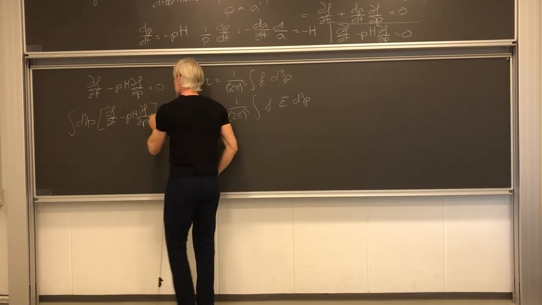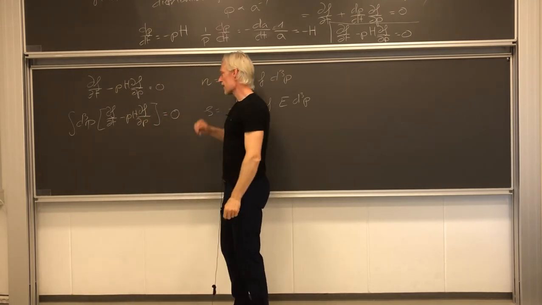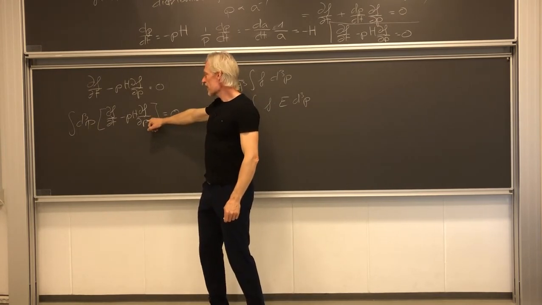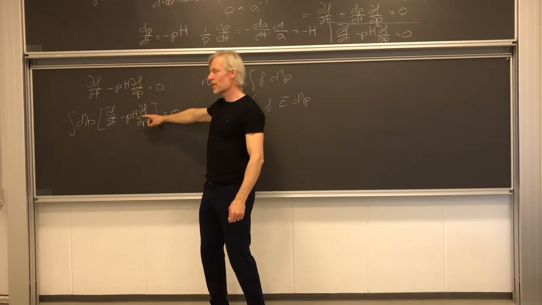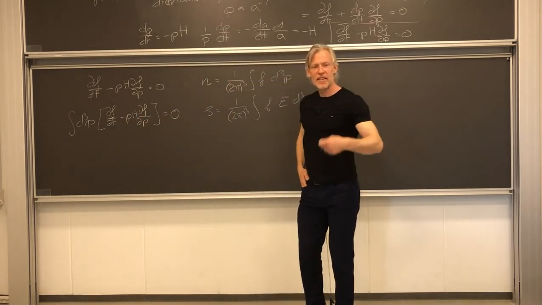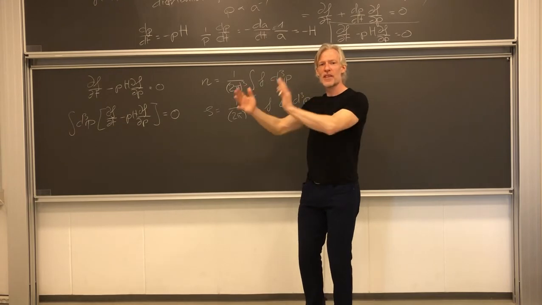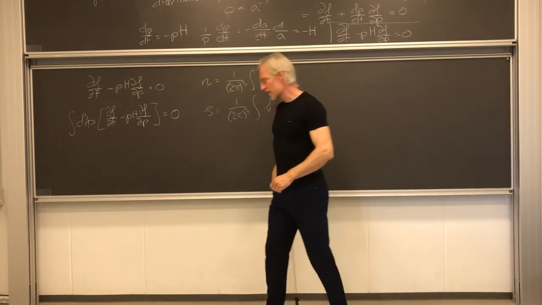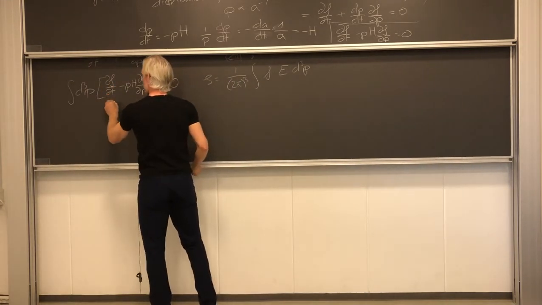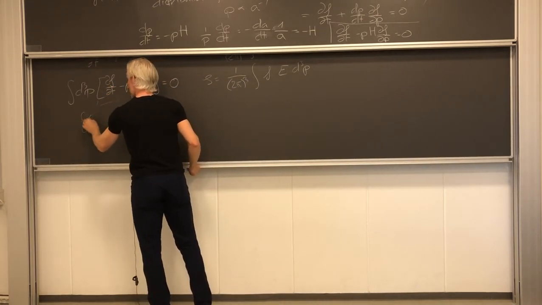Then I would get an equation that looks like this. Now we can take these terms one at a time. For example, we could start with the time derivative, but differentiation with respect to time certainly commutes with integration over momentum because these are unrelated variables. And that means that this first term here we can write very, very simply.